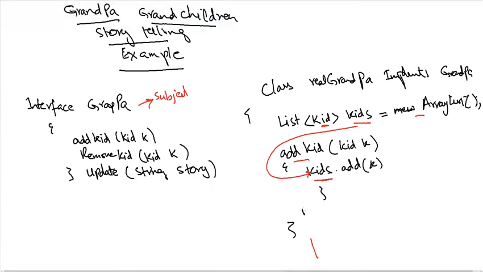Similarly, we have a remove kid implementation, with a kid k, and we will remove a kid from this array, kids dot remove.